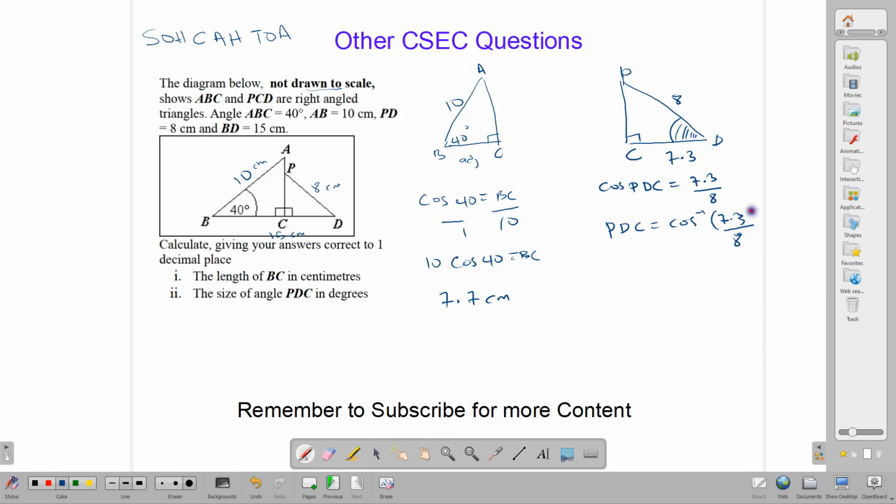Punching this in our calculator, we go second function cos, 7.3 divided by 8, and you get 24.1 degrees.